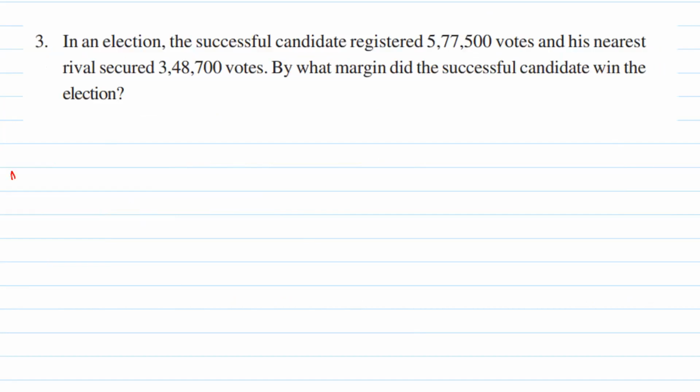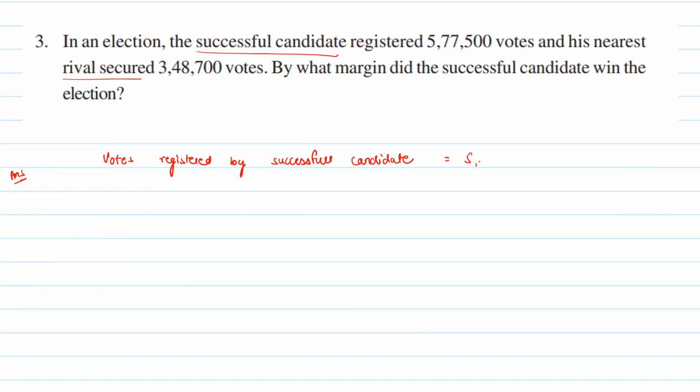Now next is question 3. In an election, the successful candidate registered 5,77,500 votes and his nearest rival secured 3,48,700 votes. By what margin did the successful candidate win the election? So, let's say the votes registered by the successful candidate, because we do not name the name, but it is written here successful candidate, rival candidate.